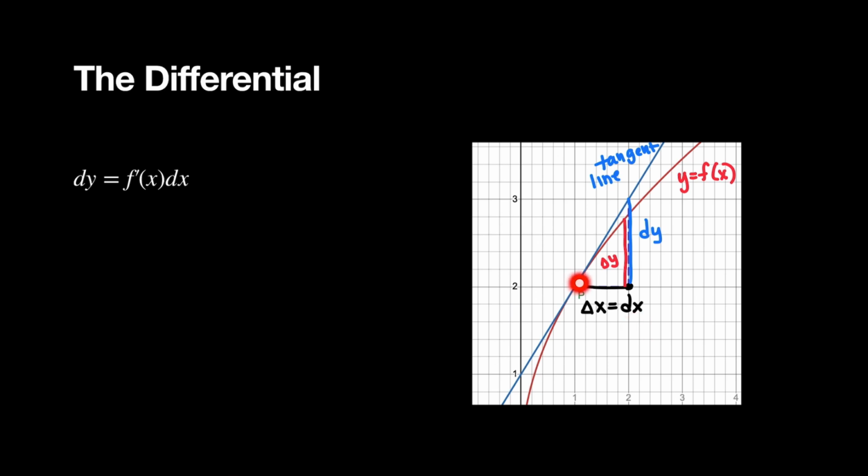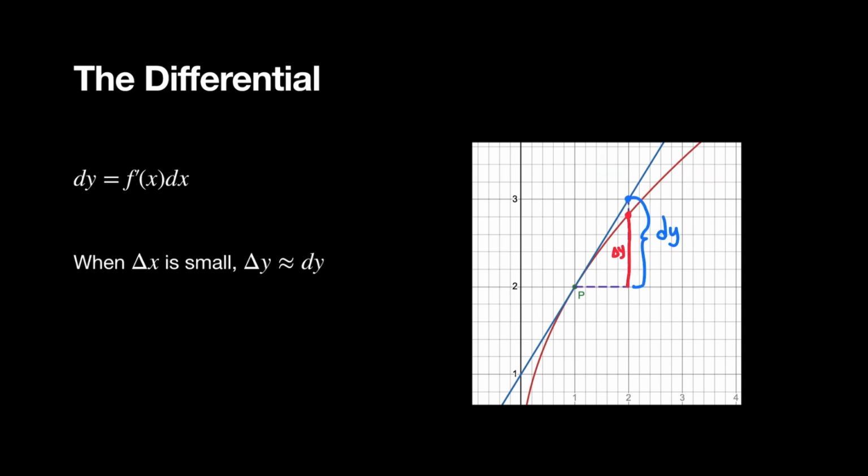So dx represents a change in x, or you could think of it as a run. You're moving over. Then the change in y along that graph of the function is delta y. So if I move over in the x direction, my y values are changing as well. My differential, the dy, is actually the change in y along the tangent line.